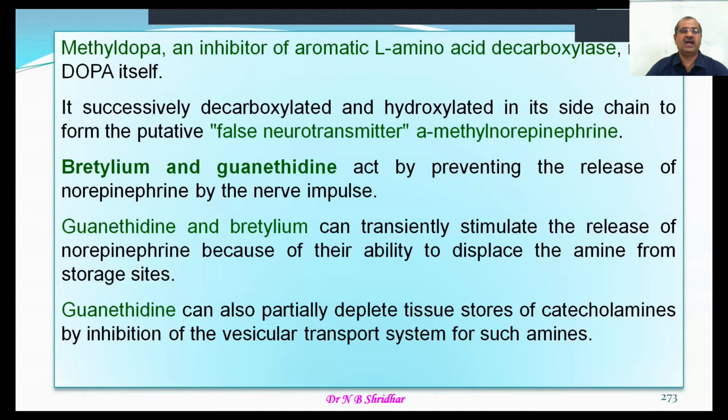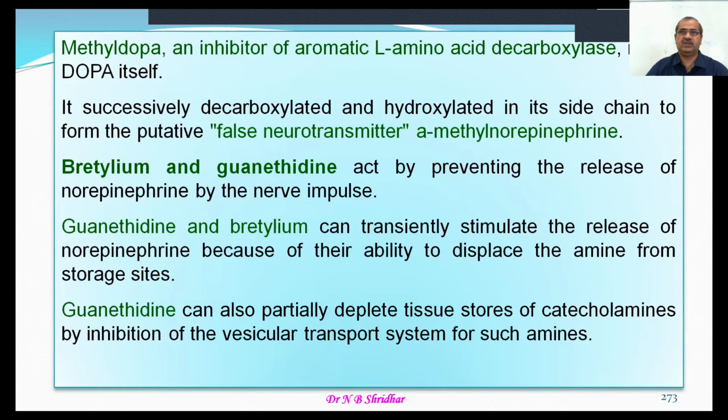What's a false transmitter? It is very similar to dopa, but it acts in a different fashion, that it is going to mimic the action of the dopa itself. That's why it is called the false neurotransmitter concept.